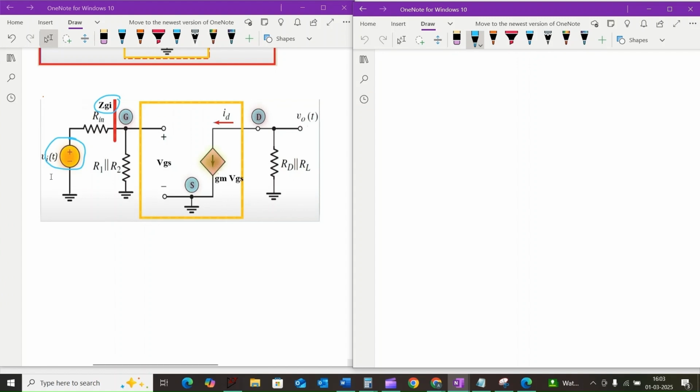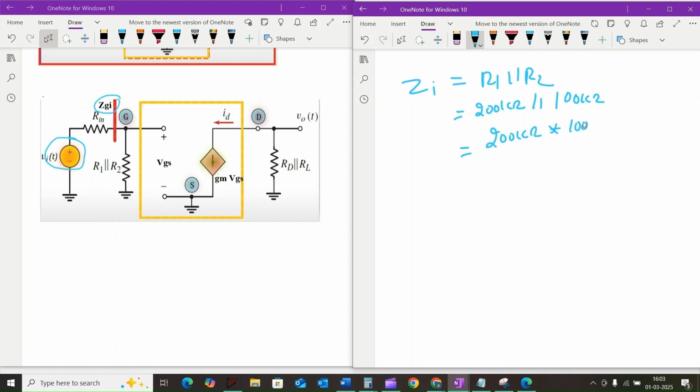On the input side, we are applying Vin as a source voltage through the C1 capacitor, and the resistors R1 and R2 are parallel to the ground, and the input impedance of the amplifier is approximately equal to ZI equal to R1 parallel to R2, which is equal to 200 kilo ohm parallel to 100 kilo ohm, which is equal to 200 kilo ohm into 100 kilo ohm divided by 200 kilo ohm plus 100 kilo ohm.